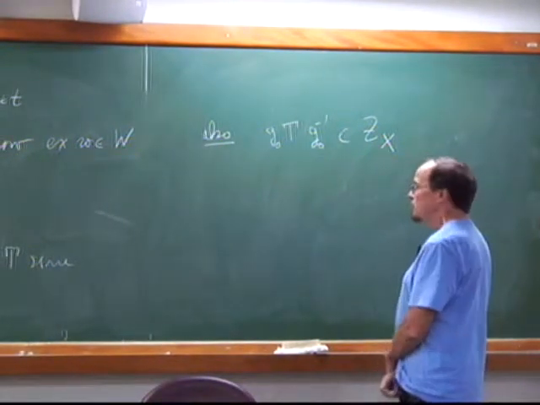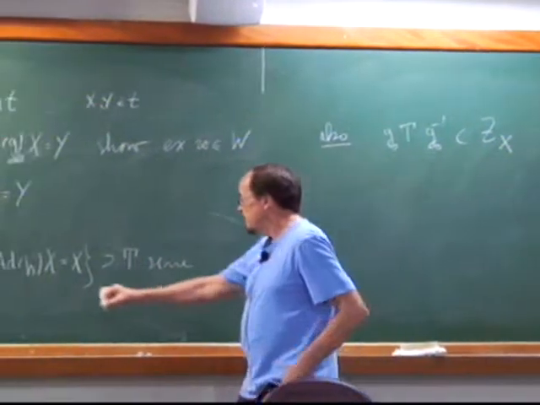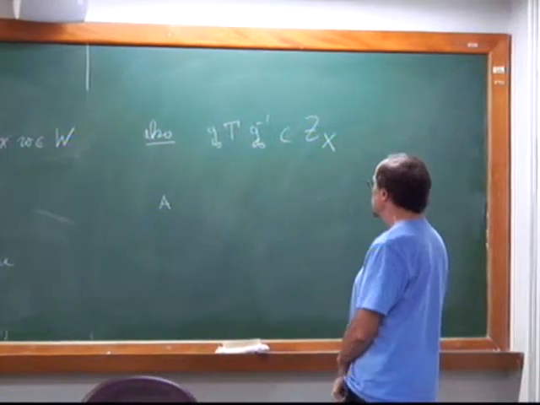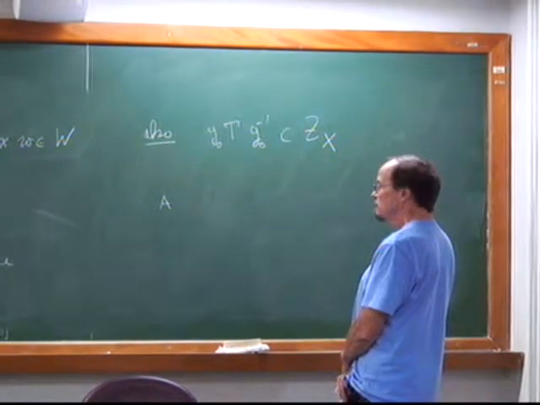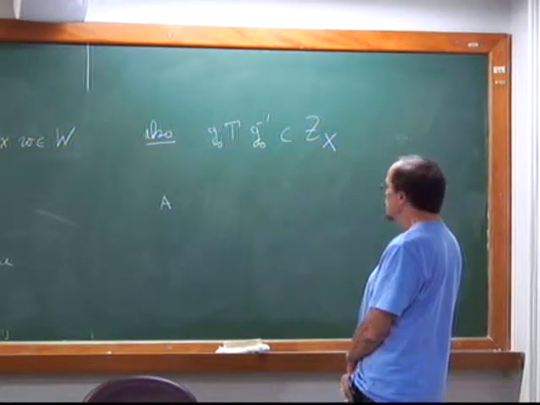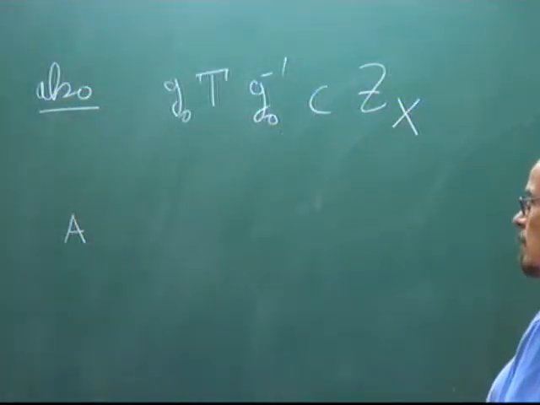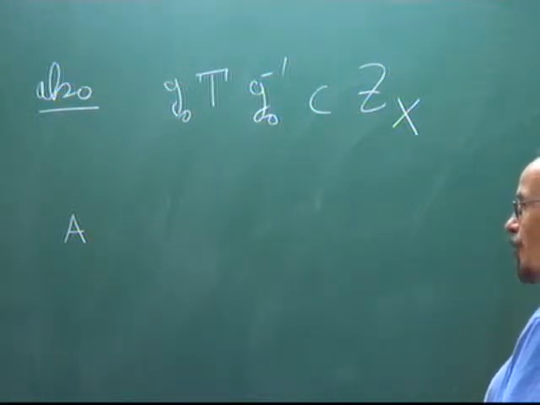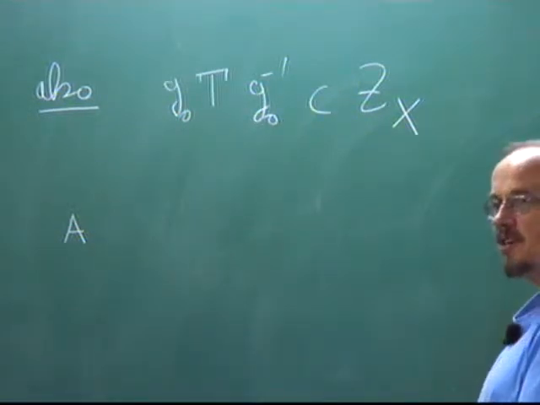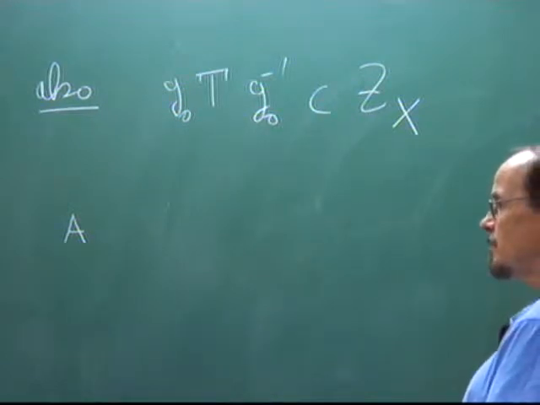So let's see, what do I have to show? I have to show that the adjoint of that acts trivially on x. Well, it's a kernel. Pardon? It's a kernel, so it is normal. If it contains T, it will also contain its conjugate images. It's normal inside the normalizer. G naught is some element in G. A priori, I don't know where G naught lies. Why should it normalize the center?